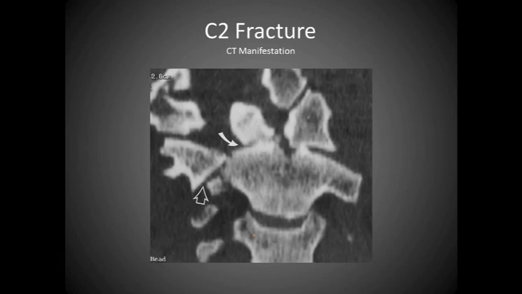So here we have basically a type 2 fracture with possibly a type 3, because we do have a line running down. But we see that we have the odontoid just kind of laid over to the side.